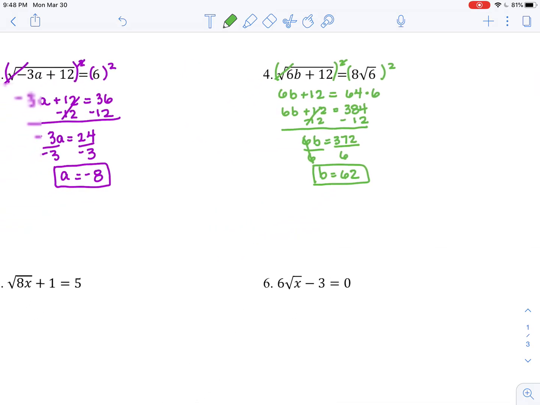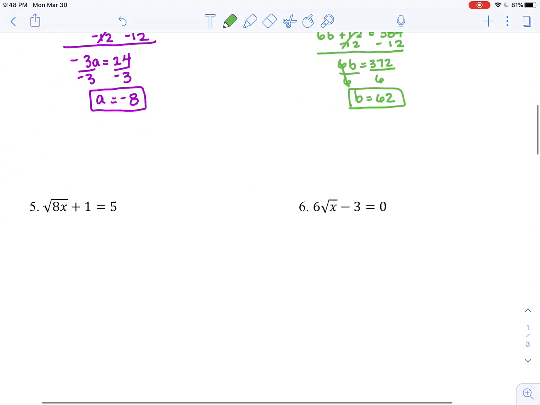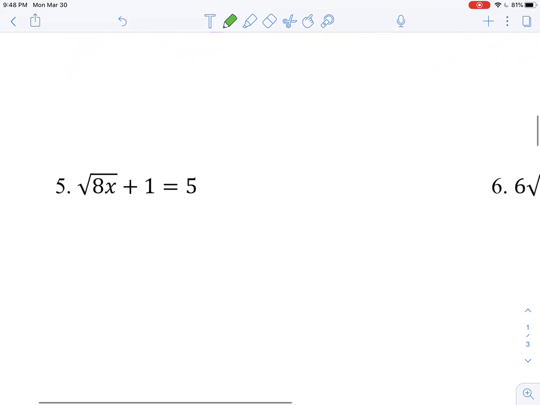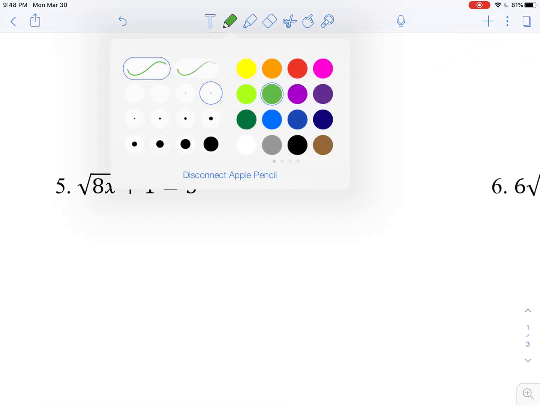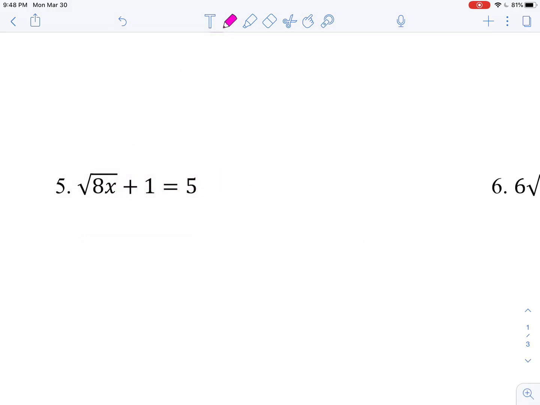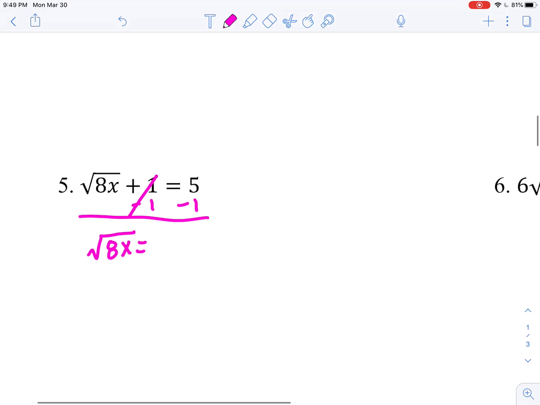When you take a look at questions 5 and 6, notice that the radicals are not by themselves now. So here we do have to start with our first step of isolating the radical. Get the radical by itself. So in question number 5, we have the square root of 8x plus 1. So first we need to move that 1 over to the other side by subtracting it, so that the square root of 8x equals 4.